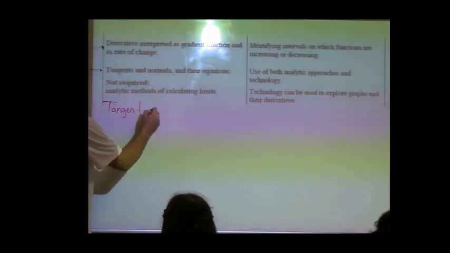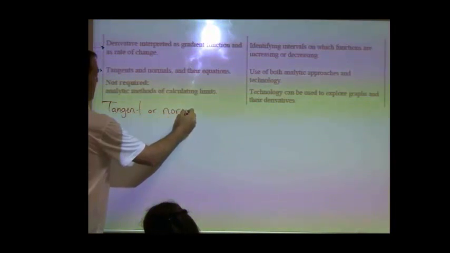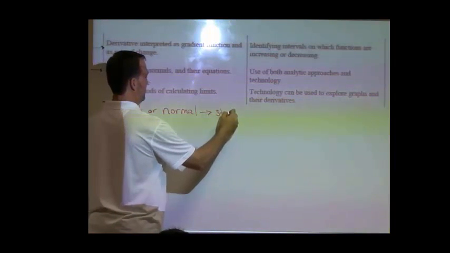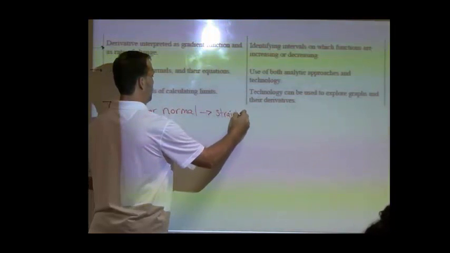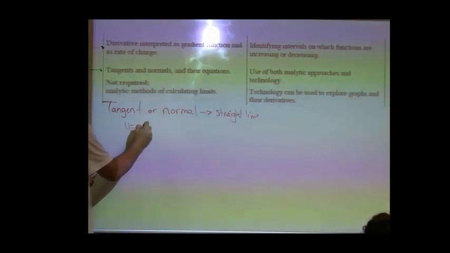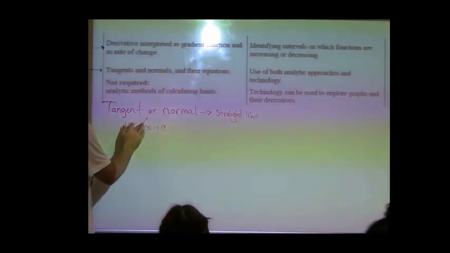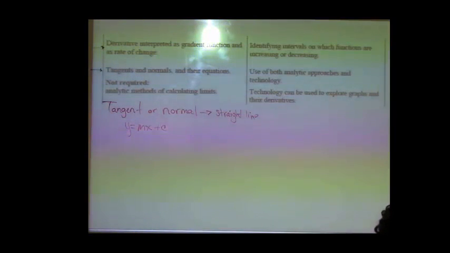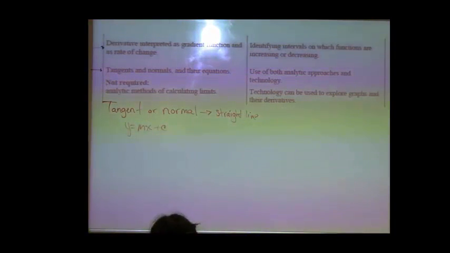A tangent or normal is a straight line, y equals mx plus c. So when they talk about the equation of the tangent or the equation of the normal, now there's that form, which I know pretty much everybody knows and likes.